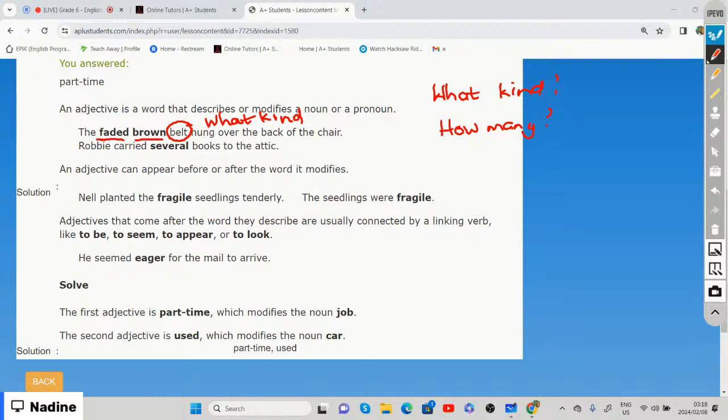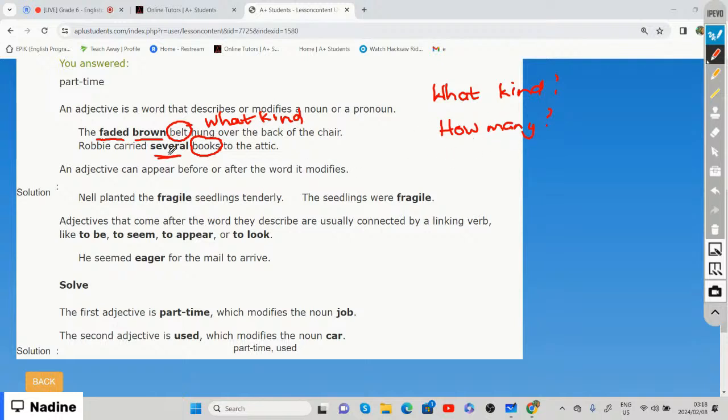And then the next example is: Robbie carried several books to the attic. And the word circled is our noun. And then several. It's like, how many books did Robbie carry to the attic?